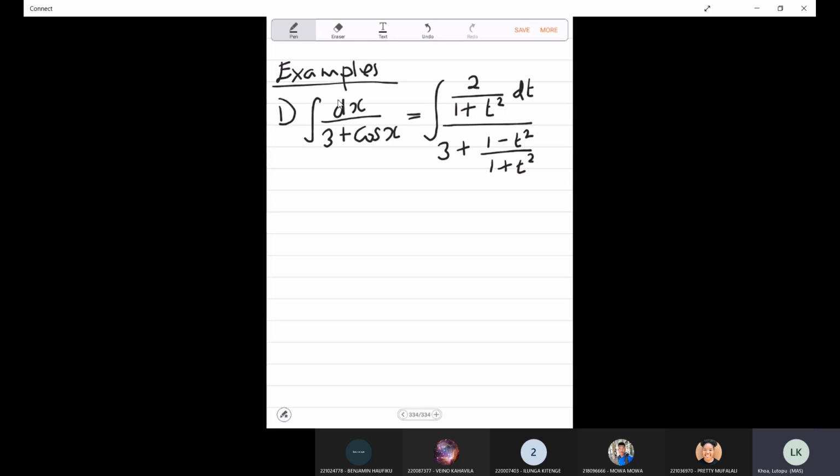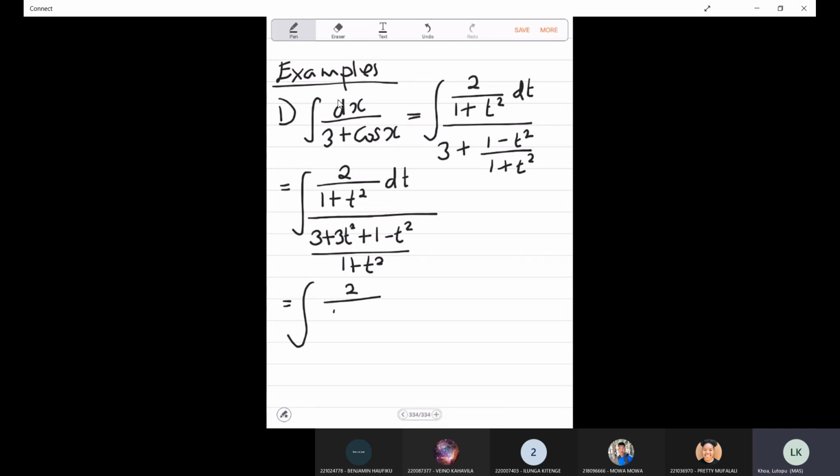Okay, so we would then simplify this fraction, and then we expect that what we have after that will be much easier to integrate than what we started with. So this is the integral of 2 over 1 plus t squared dt. Then our denominator, we have 3 plus 3t squared plus 1 minus t squared over 1 plus t squared, which is the integral of 2 over 1 plus t squared dt.